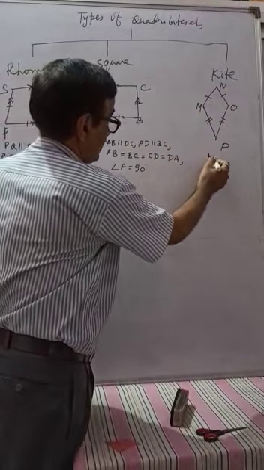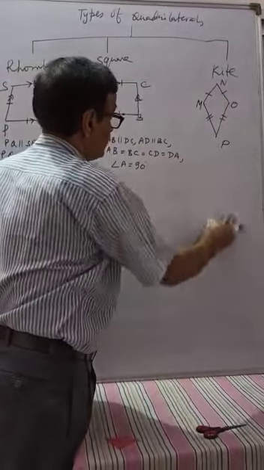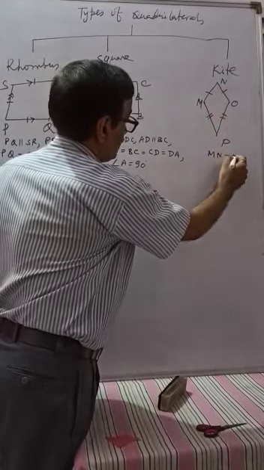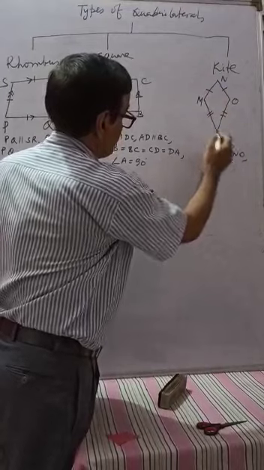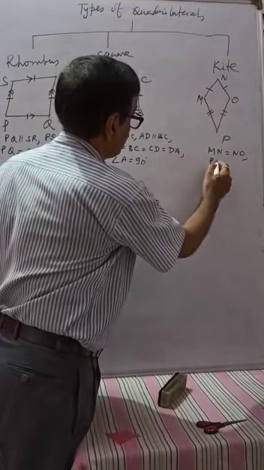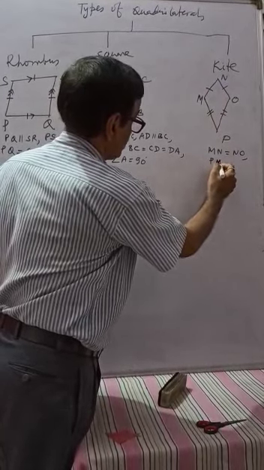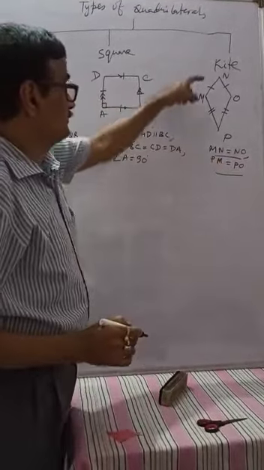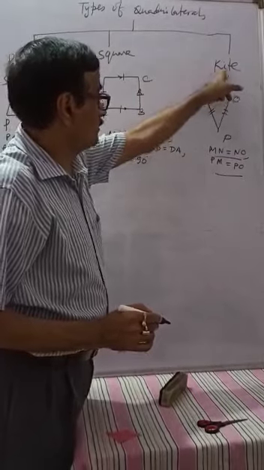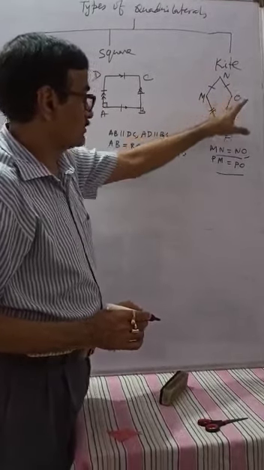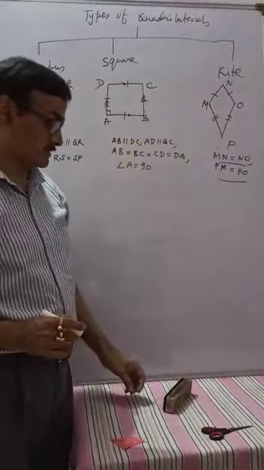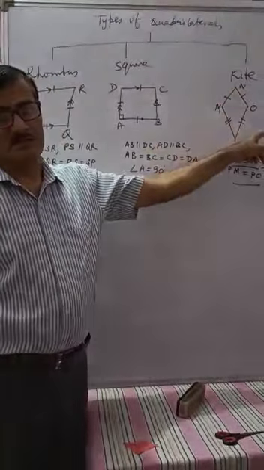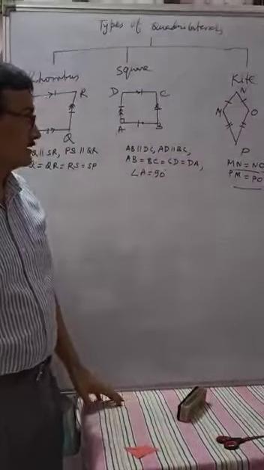So here MN is equal to NO and PM is equal to PO. So MN is equal to NO and PM is equal to PO. So kite is a quadrilateral in which two pairs of adjacent sides are equal.